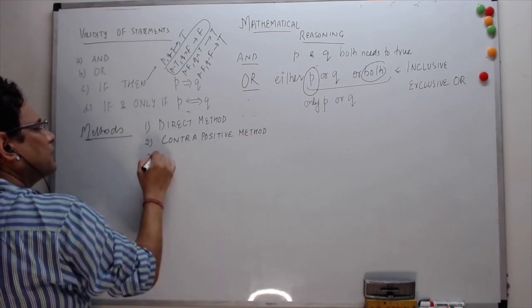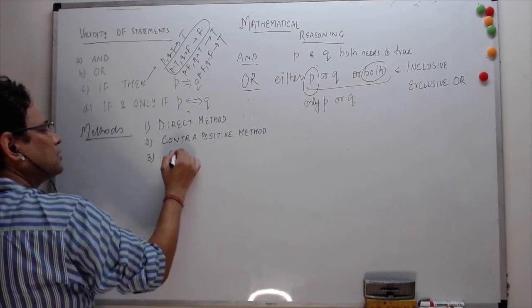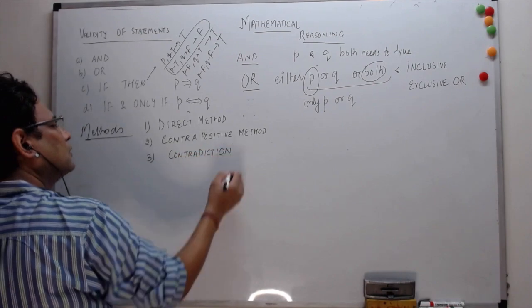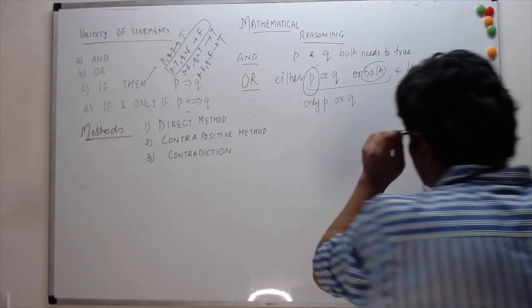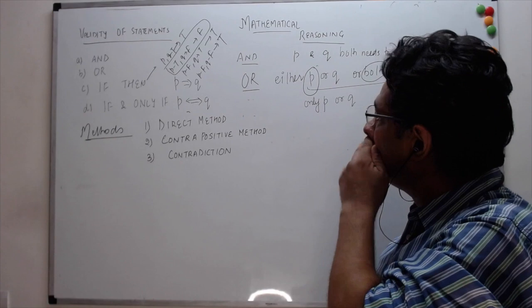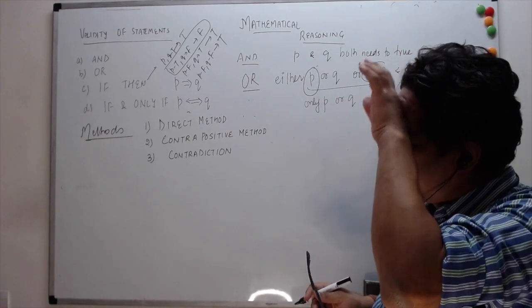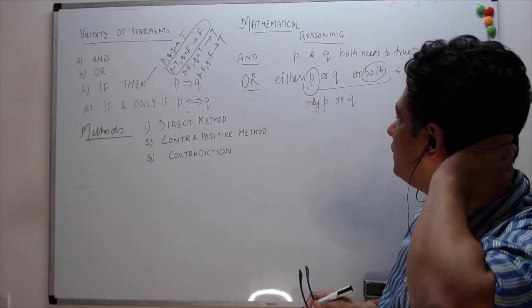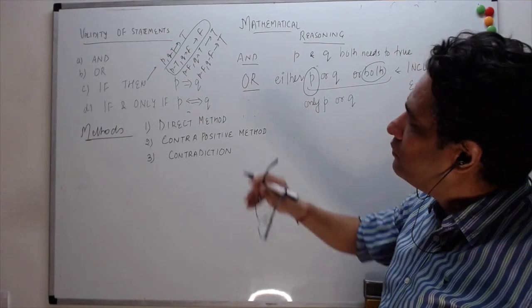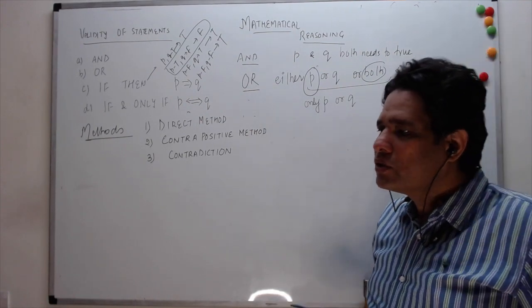And the third is what we call contradiction. These are some of the methods by which you can prove any if-then statement, and we know if we want to see whether an implication is true or not.